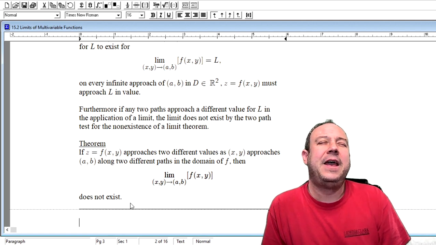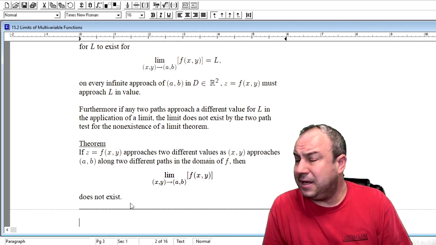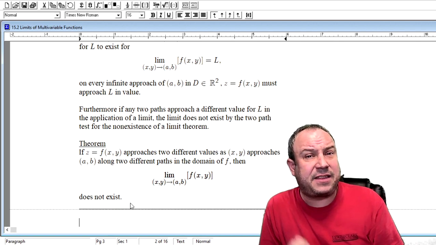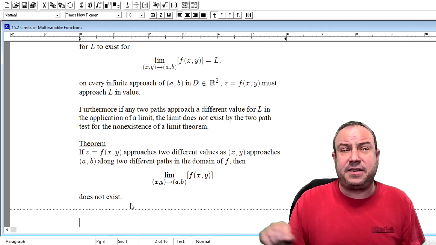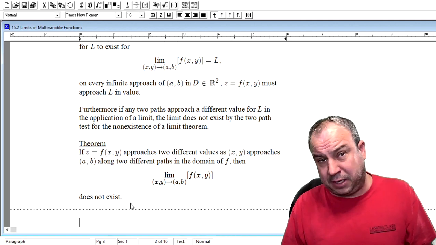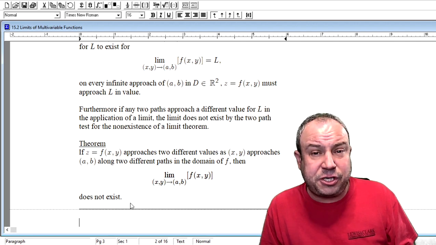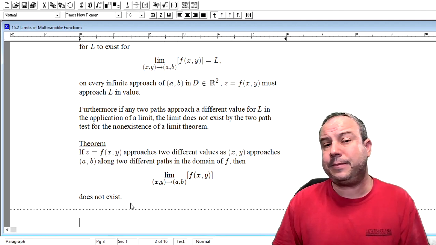In the case of continuity, in the case that we are continuous at a comma b, we can use the fact that we are continuous at a comma b to be able to state that the limit does exist and is given by f at a comma b, which is what follows from substitution in some of our cases for evaluating these limits.